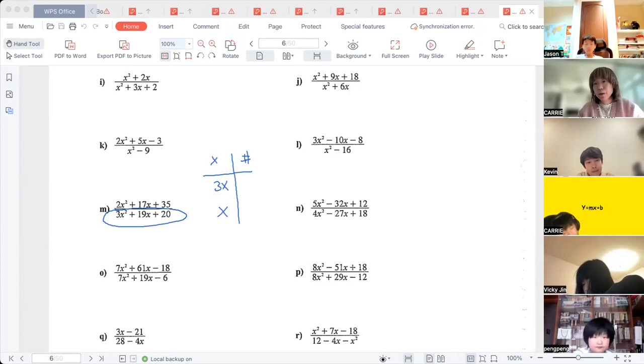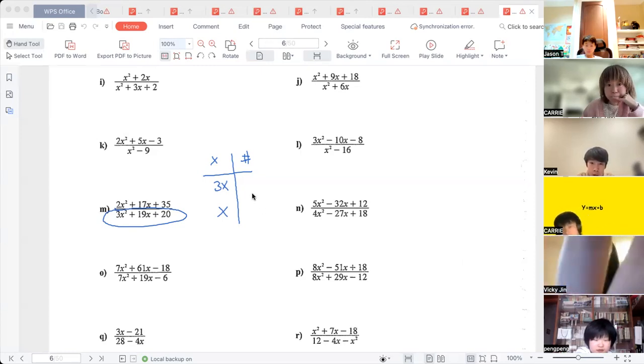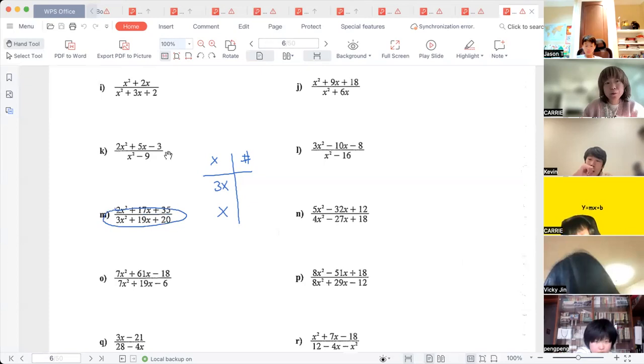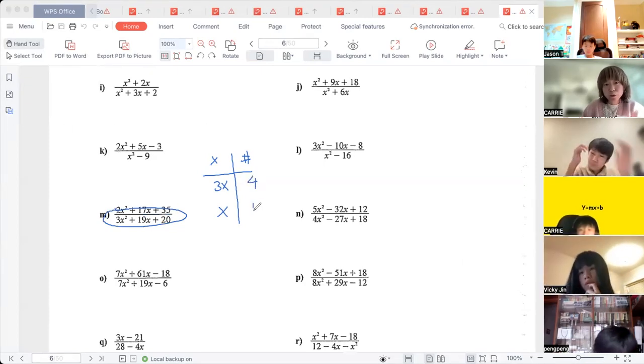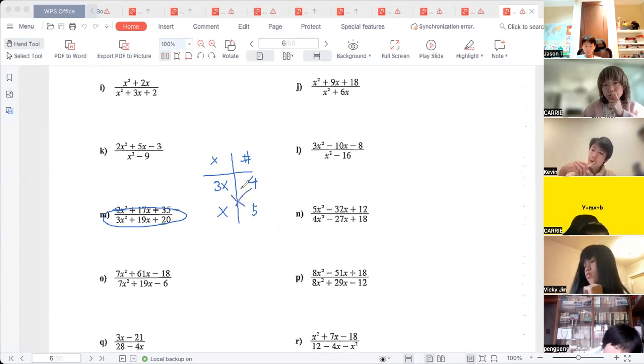Jason, Vicky, Ping Ping, Andy, Kevin, can you do this question and tell me the answer? It's 3x plus 4 times x plus 5. Why this 4 and 5, everybody? If you take a look, 20 equals 5 times 4, right? So you cross multiply them: 3x times 5 equals 15x, and x times 4 equals 4x. So 4x plus 15x equals 19x.